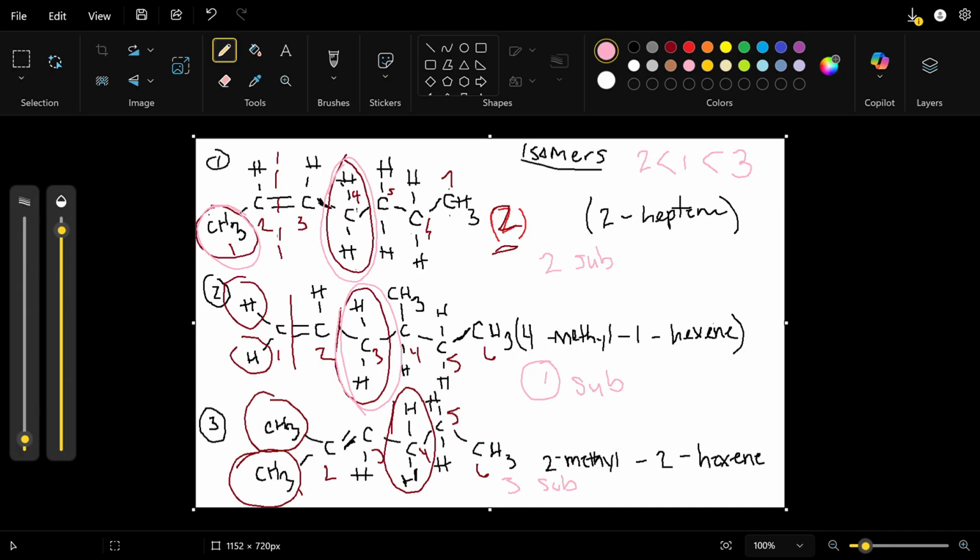And so 3 should be the most stable. But if I'm wrong, of course, just let me know. I would love to know if I'm wrong or not, because it could be reversed.